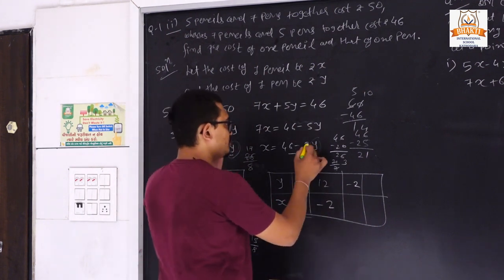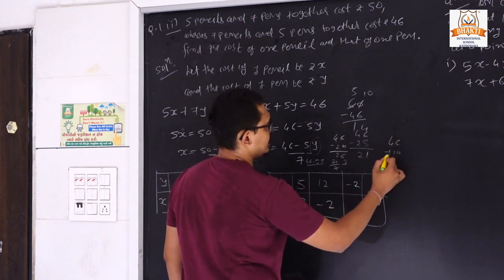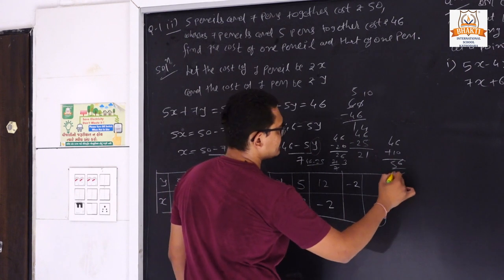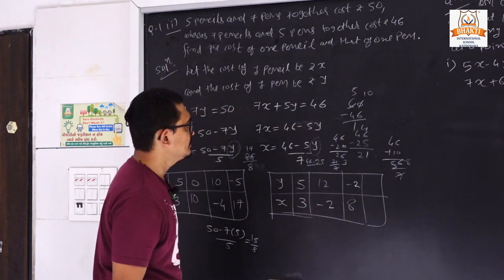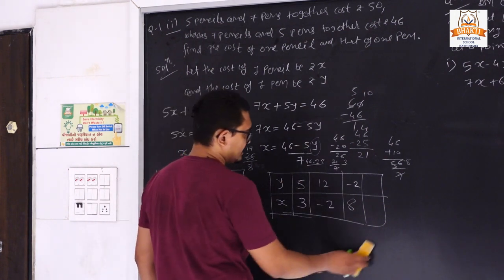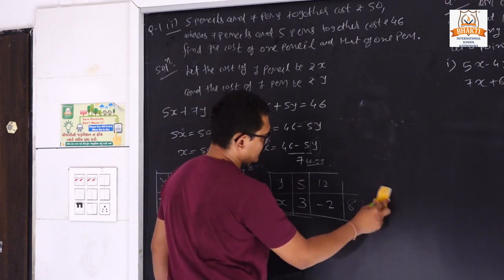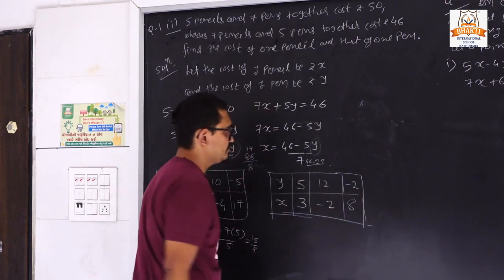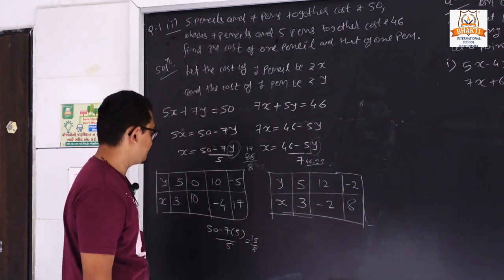Then we can put minus 2, so minus minus plus, 46 plus 10 is 56, divided by 7, 7 8s are 56, so here we have 8. Clear? So here we can take the 3 values, minus 2. Clear?